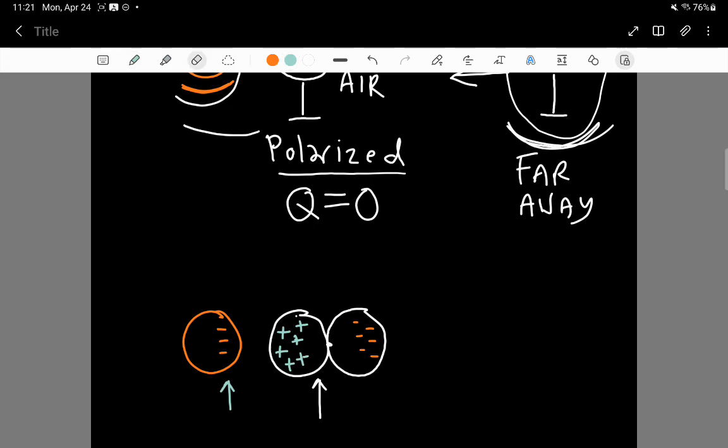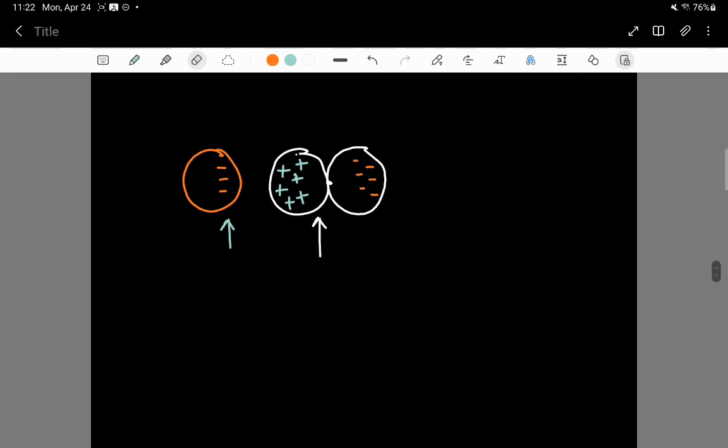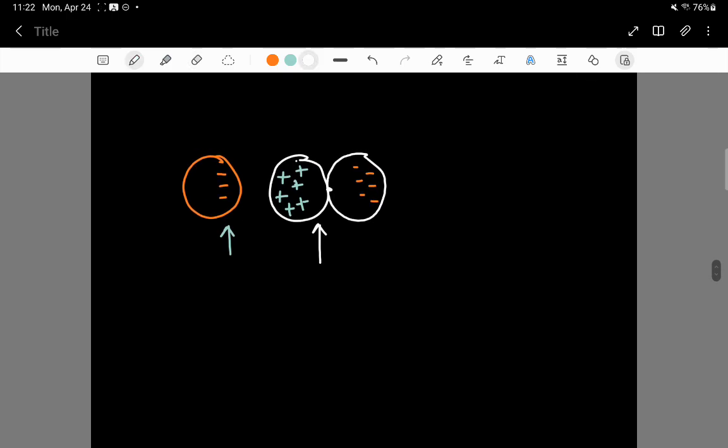And so now, when we separate the two metal spheres, we have a metal sphere here and a metal sphere far away, and the negative charge can re-spread out over this metal sphere. And this metal sphere sort of redistributes how its charges exist on it, right?